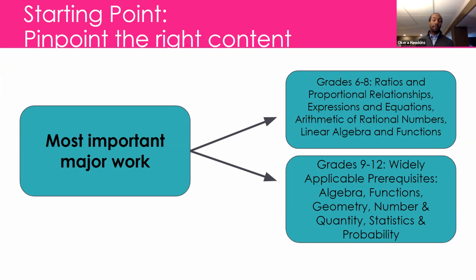Because of that, high school doesn't have a specific delineation of skills. They have what was known as the widely applicable prerequisites. These are the fundamental ideas that high school students should spend at least 50% of their mathematical instructional time engaged in, which are algebra, functions, geometry, numbers and quantity, statistics, and probability.